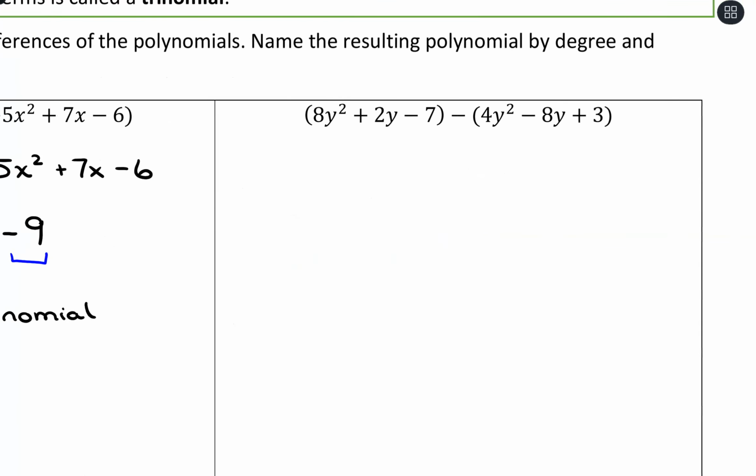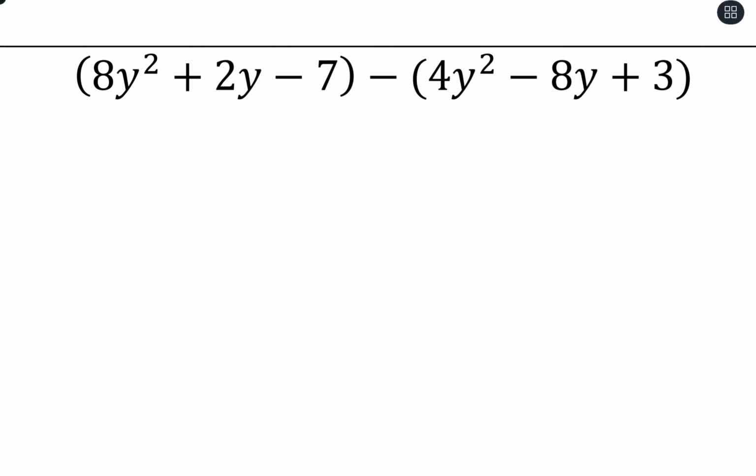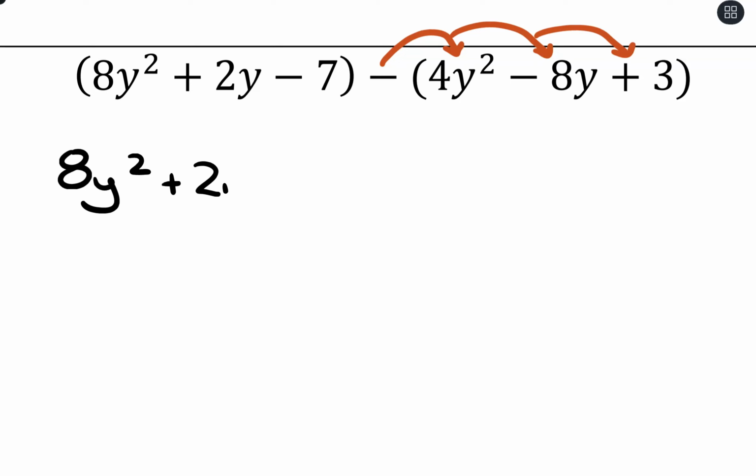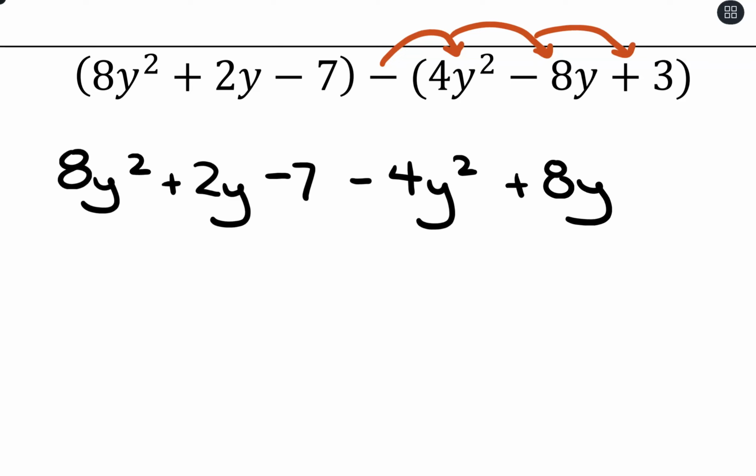Now with subtraction, we have to be careful because for the second expression, that -1 needs to distribute through. So the first expression stays the same, so we'd have 8y squared plus 2y minus 7. Then the negative distributing, we'd have minus 4y squared plus 8y minus 3.